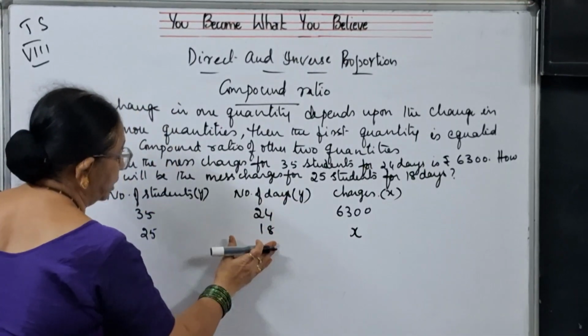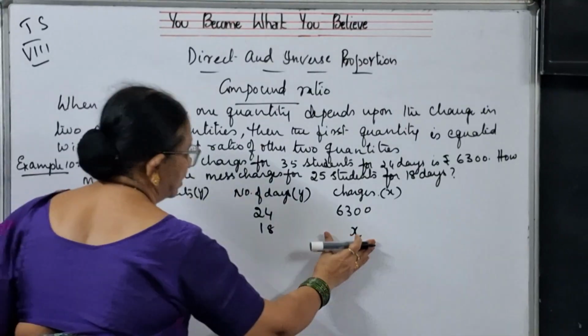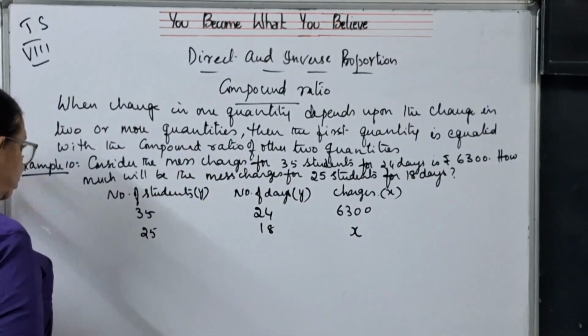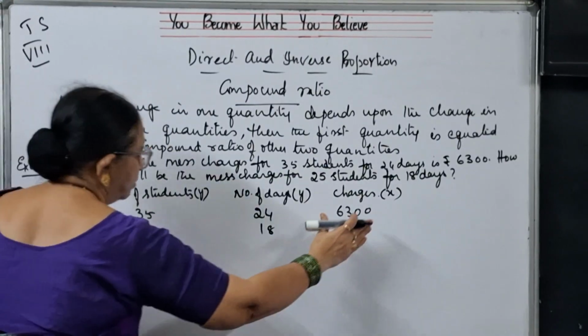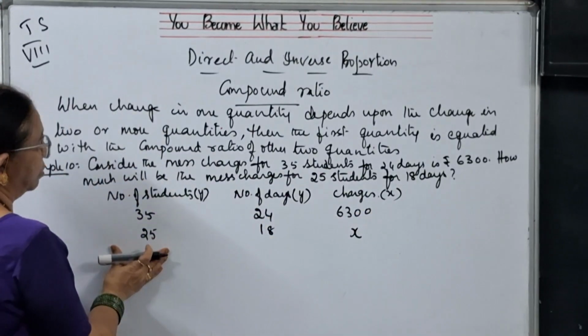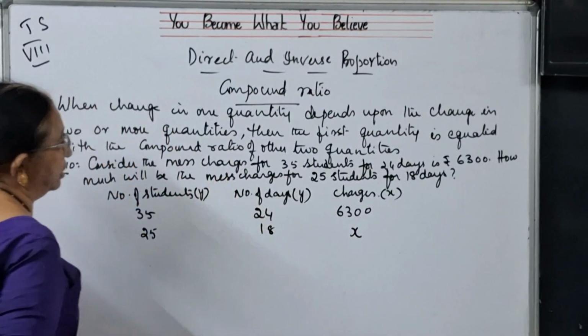Why? Because we need to find the compound ratios of these two. This is x. So let us take each one with the other one. So charges with students, how are they in proportion? Charges with the number of days we need to do.